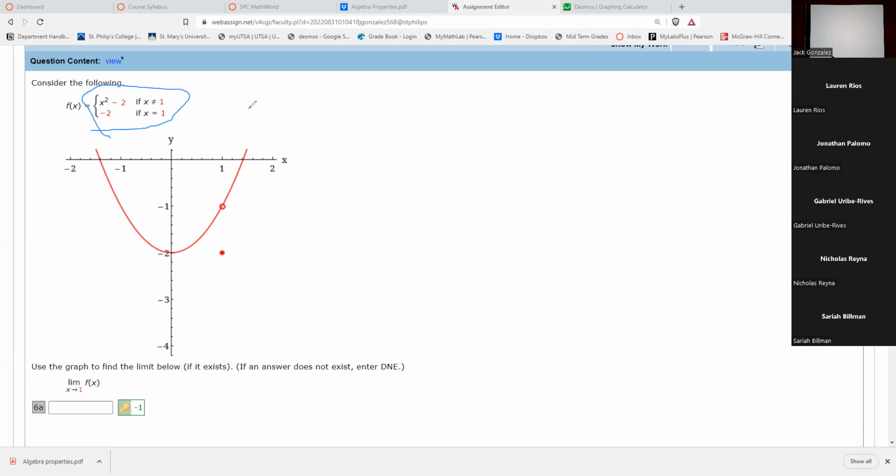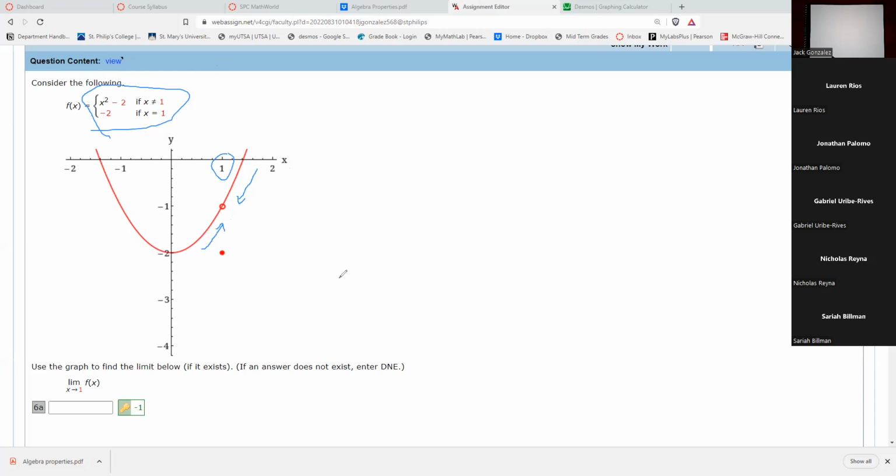Okay, I'm assuming that's a yes. All right. So this is f of x. As the function gets closer and closer to the number 1, what is the y value doing?